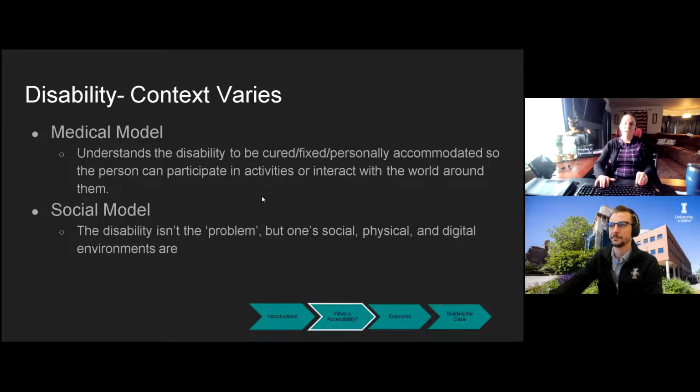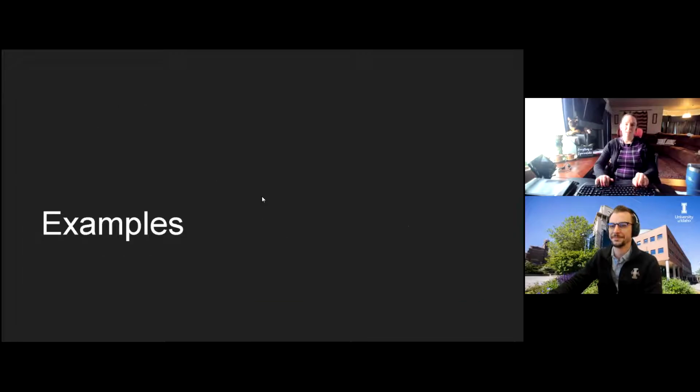I think Nick and I both have a philosophy that's somewhere in the middle. We acknowledge that conditions do create limitations for people, but assistive technology can be used to mitigate those limitations to an extent and used in different environments. So we're kind of somewhere in between in this model.